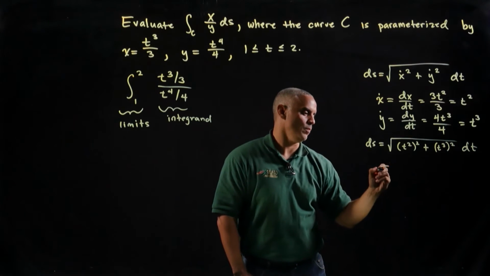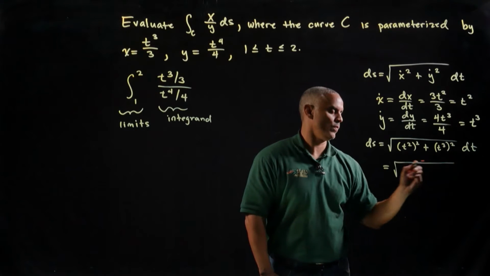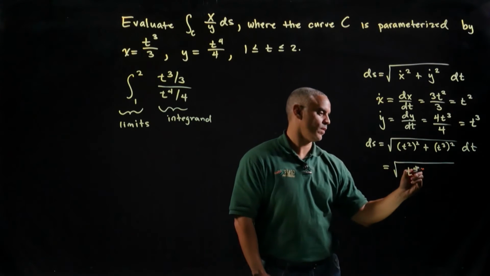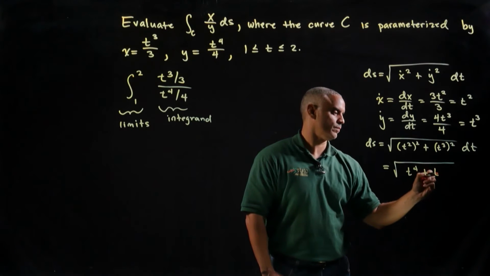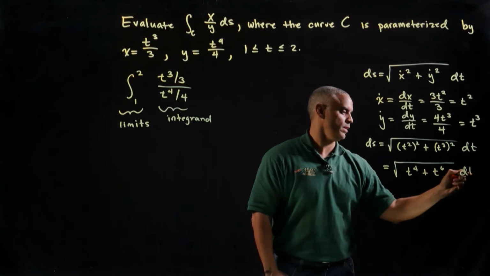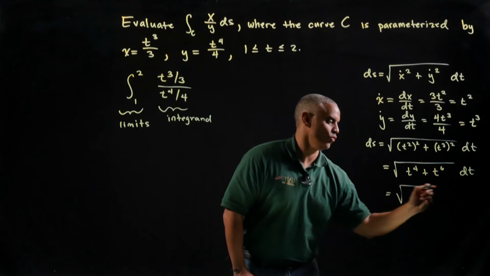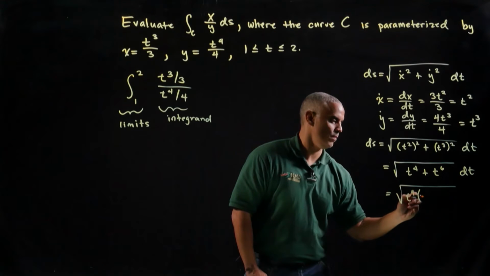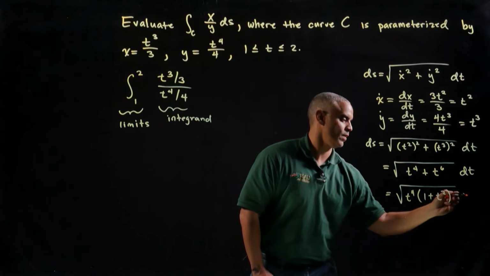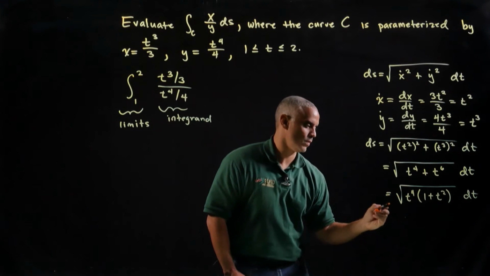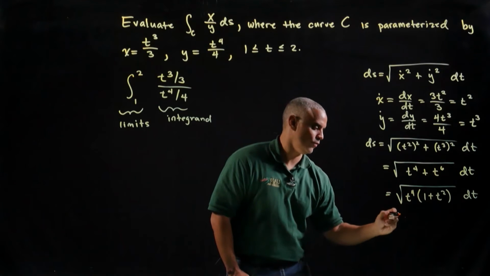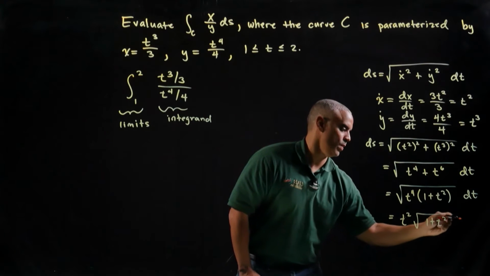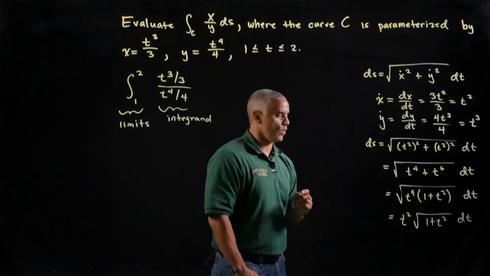And we can simplify this a bit. Let's see, I raise a power to a power, I multiply the exponents. So I get the root of t to the 4th plus t to the 6th dt, or the root, if I factor out t to the 4th, I'm left with 1 plus t squared dt, or the root of t to the 4th should give me a t squared root 1 plus t squared dt.